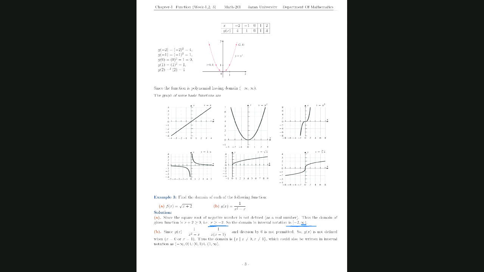See another example. If I take here another example, look over here. Fx equal to jadar 3 minus x, if this is the function.